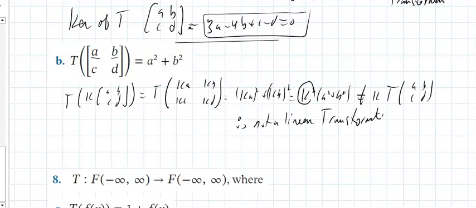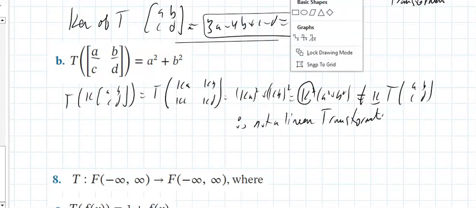It equals K squared times that, not K. So that doesn't work.